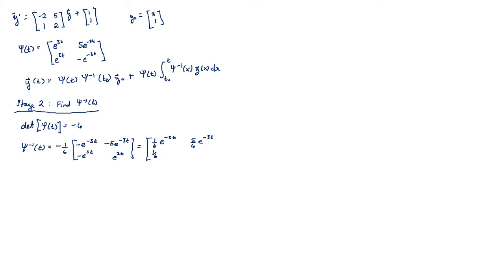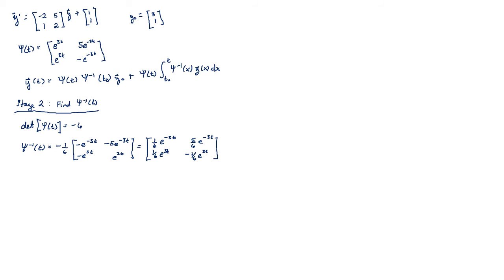Oops, there's not a negative on that 3t. That was, yeah, we're good. Okay. Then we're going to have 1/6 e to the 3t power. And last but not least, negative 1/6 e to the 3t power. And there we go. So now we've got psi inverse of t.